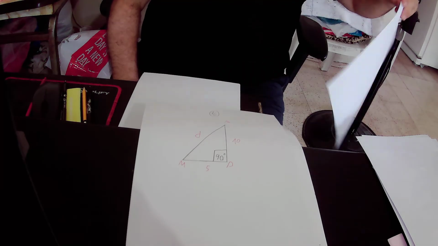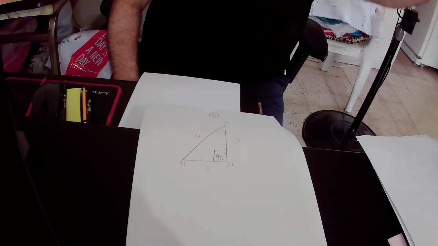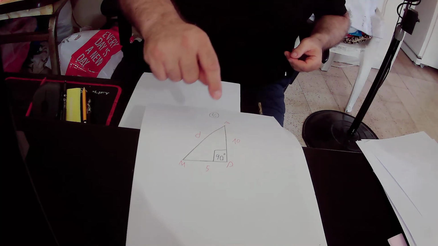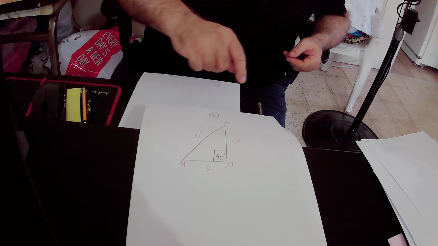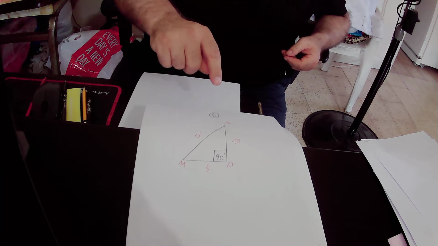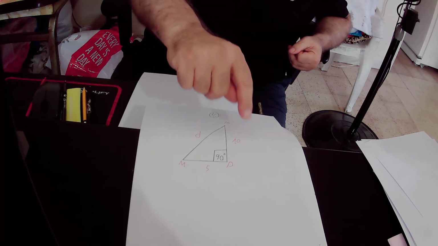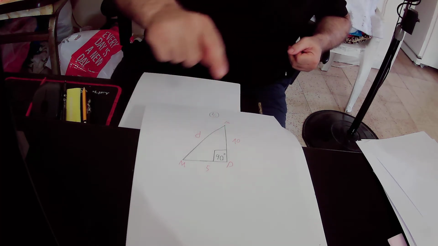We will implement this rule in our circle: AM square equals AD square plus MD square.